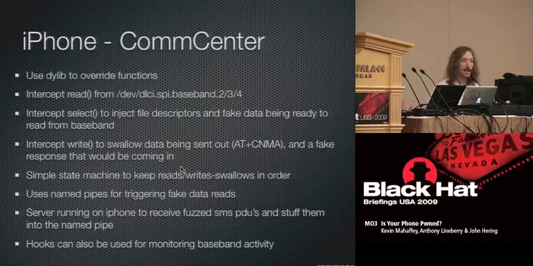It sends a CNMA, and under normal circumstances, that would return a CMS error from the baseband, but we swallow that and say, yes, we actually did write it, but without actually doing it. And then we reply back with an OK. And we use a simple state machine to keep track of which baseband it's supposed to be reading or writing to. And then we just run that all in there.